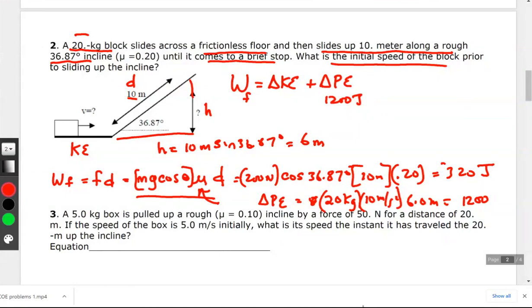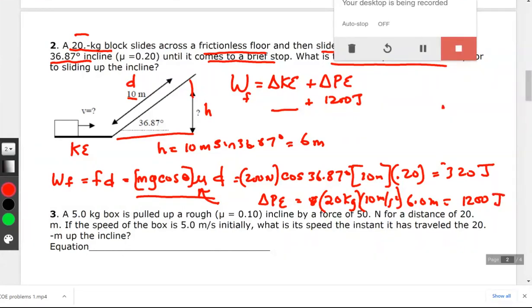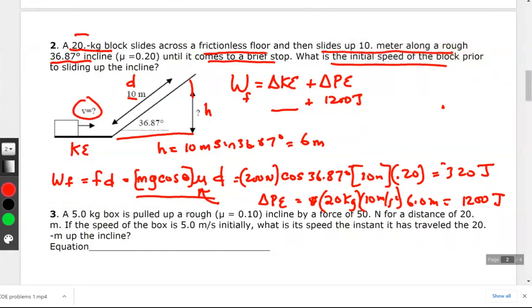Now, what's the change in kinetic energy? Actually, what we want to find is the initial speed. So if I'm going to find the initial speed, I need to know the change in kinetic energy.